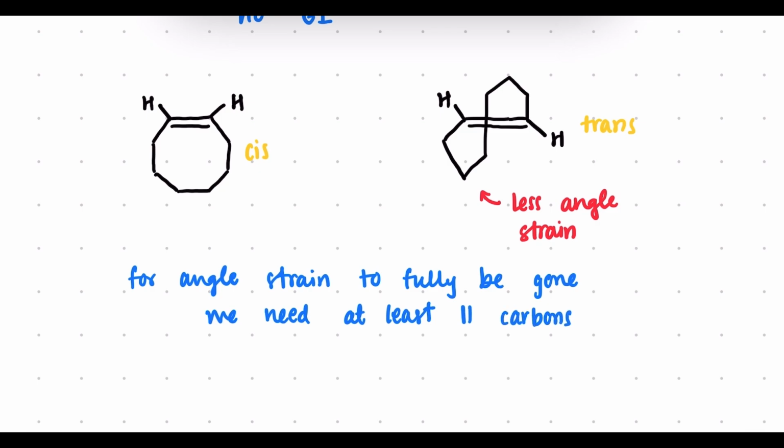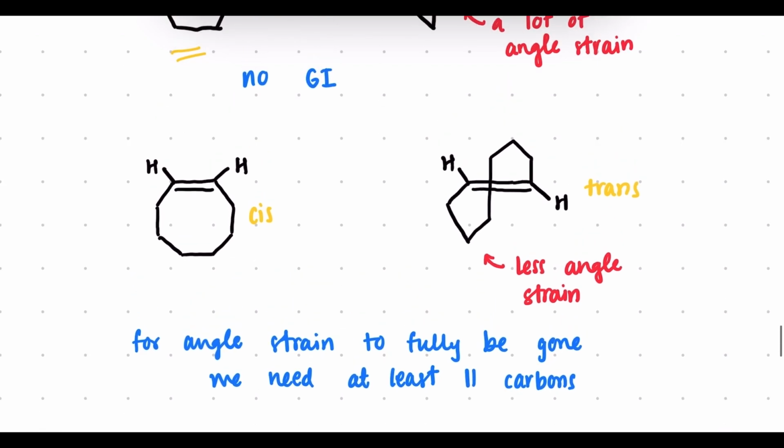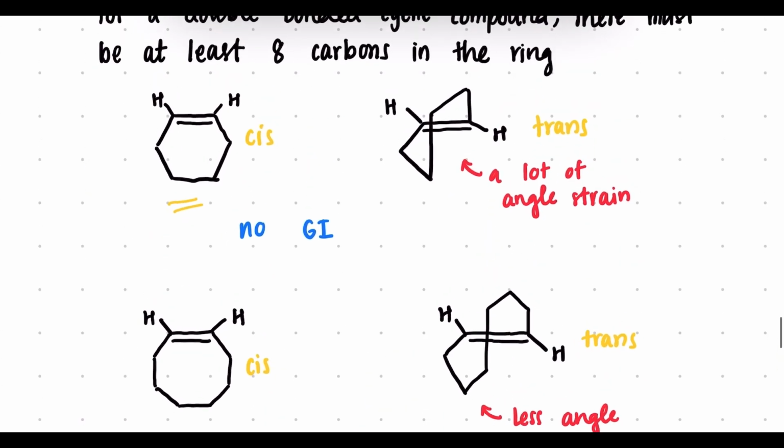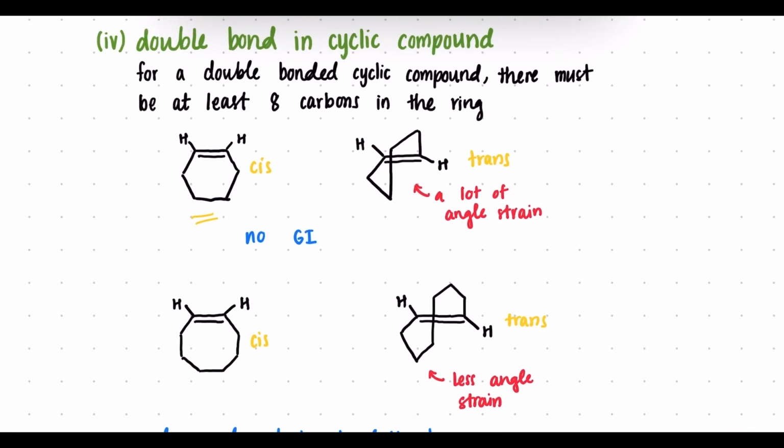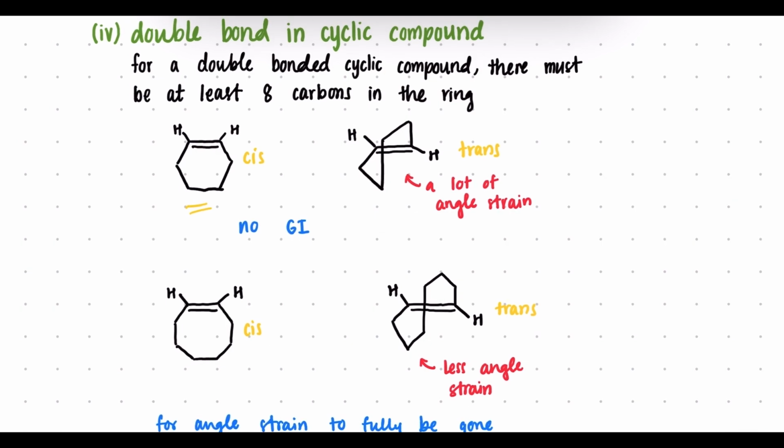So for angle strain to fully be gone, we need 11 carbons present in our cyclic compound. So that's when you can say that officially there's no angle strain restricting the geometrical isomerism. Now here also geometrical isomerism is exhibited, but not as much due to angle strain. Here it's not exhibited at all because of angle strain. So that's how you can find geometrical isomerism in double bonded compounds in cyclic compounds.